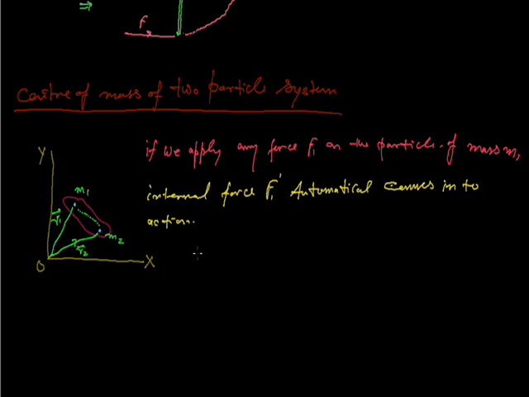The total force, F1 plus F1 dash, both vector quantities, will be equal to, according to the second law, the rate of change of momentum. So it is equal to dp1 by dt. Here p1 is the momentum of particle 1 having the mass m1.